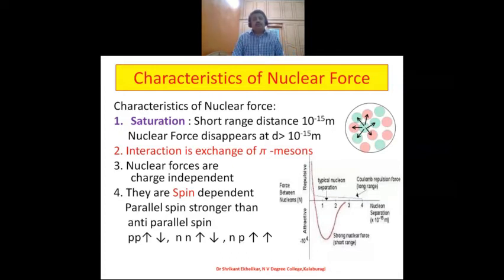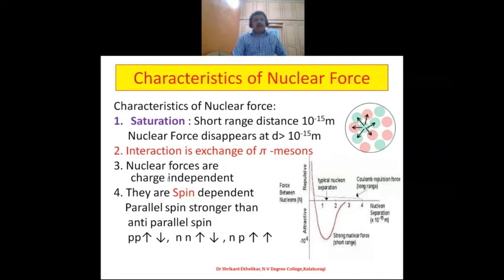Beyond 10 raised to minus 15, or greater than the nuclear radius, the nuclear force disappears, it has no effect. Now, this force originates because of the exchange of a particle. We'll come to it later.